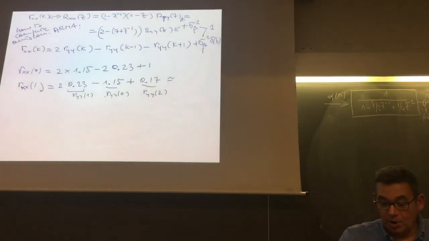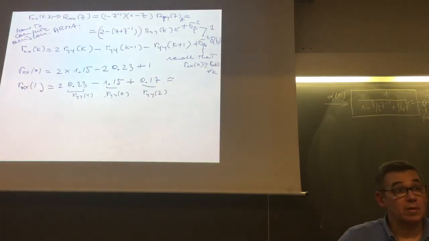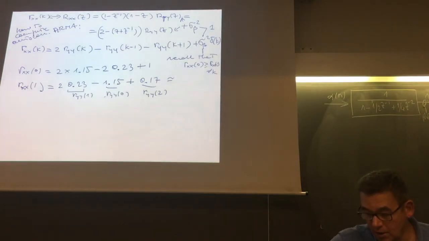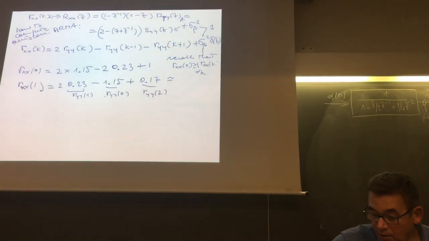Now, remember, a cross-check that you can always do: Rxx(0) should be larger than or equal to the absolute value of Rxx(k) for any k, as a cross-check.